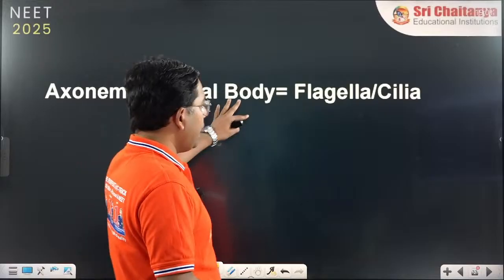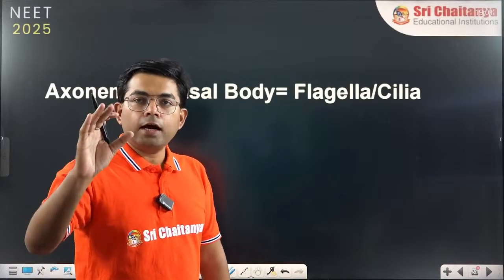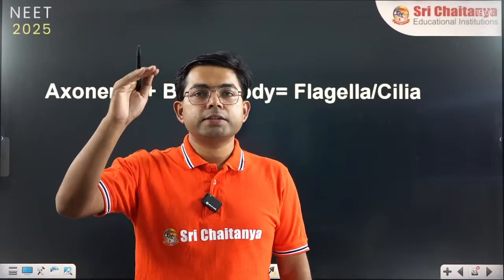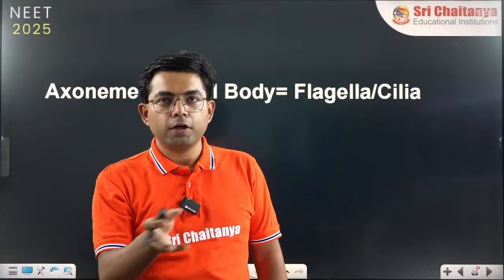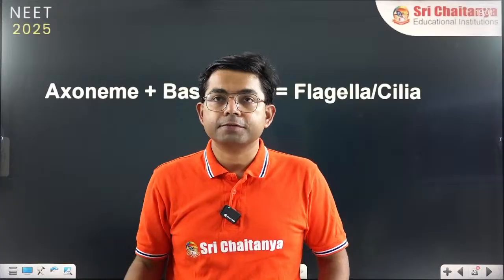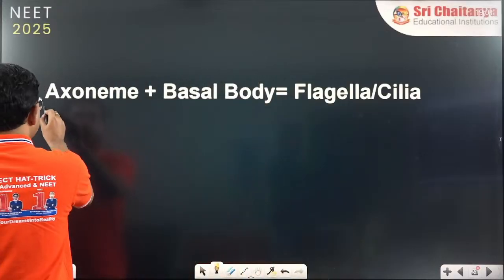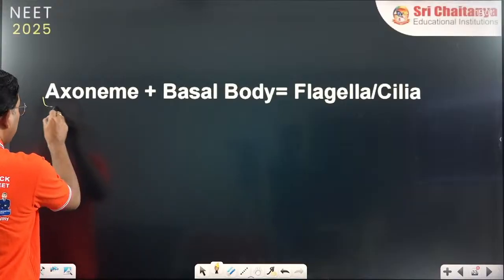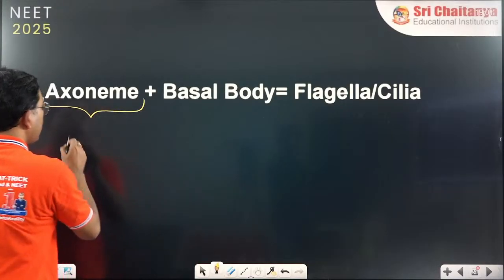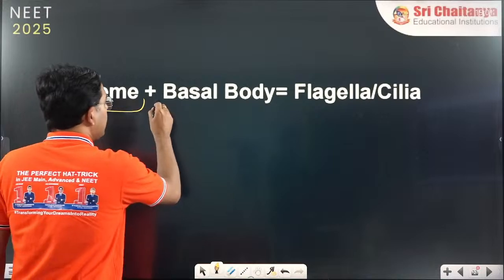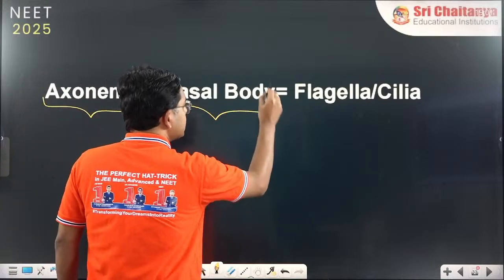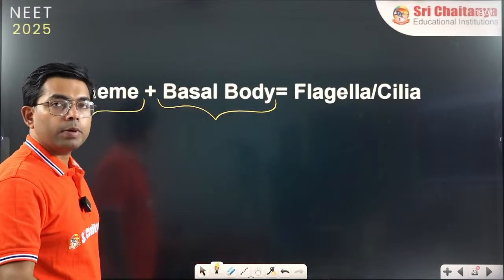So here we have seen that flagella or cilia are hair-like structures present on the surface, right? And here we have said that the axoneme is the exposed part and the basal body is present inside, beneath the membrane, right?